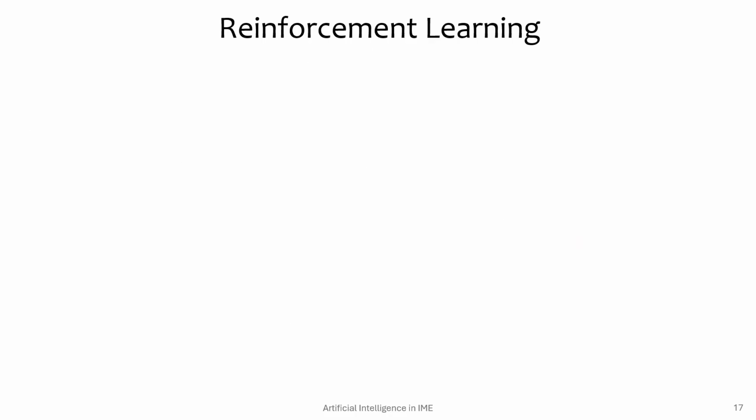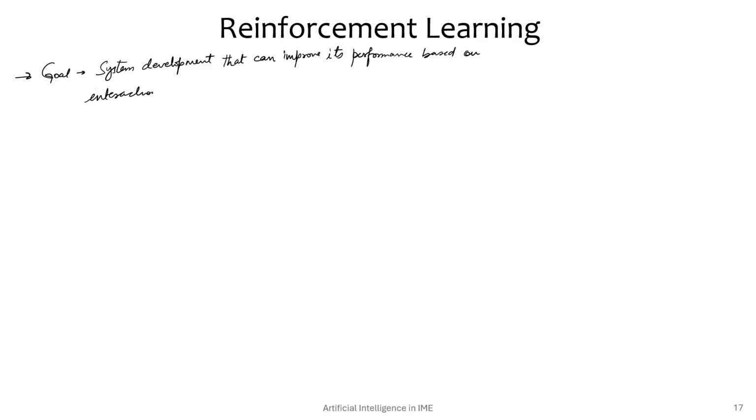Next is a different kind of learning technique, known as reinforcement learning, and here the goal is system development that can improve its performance based on interaction with the environment.